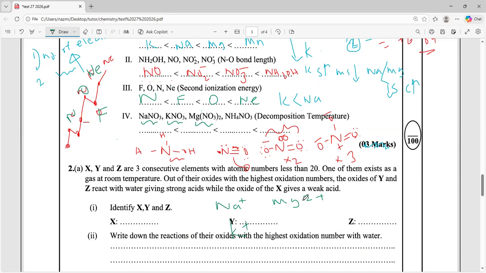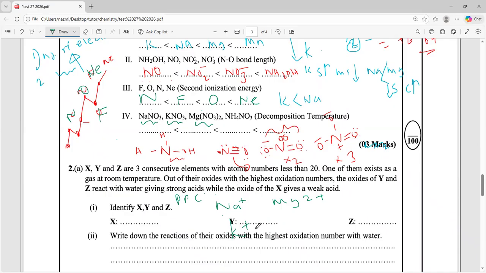Now we'll see sodium plus and potassium plus. The polarizing power of the cation depends on the charge and size. Both have the same charge, so it depends on the size.